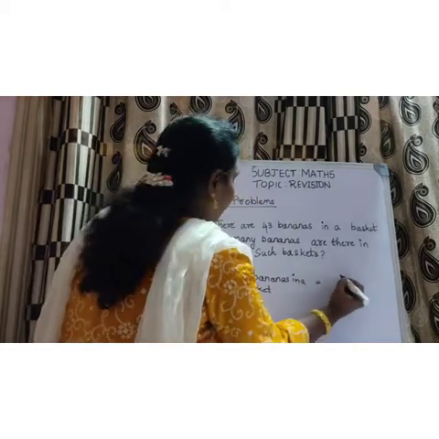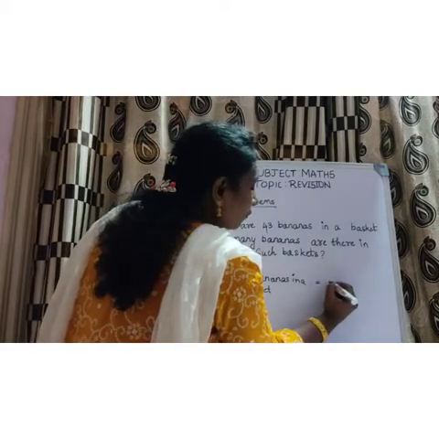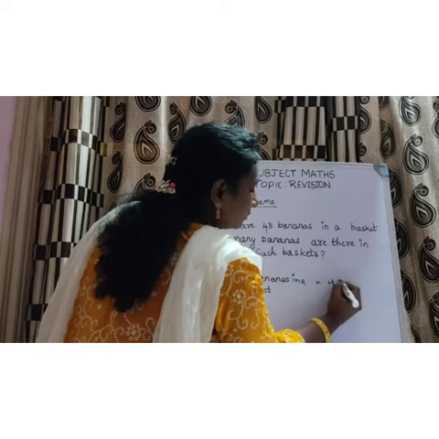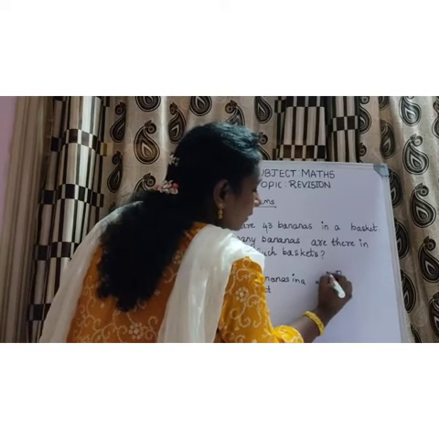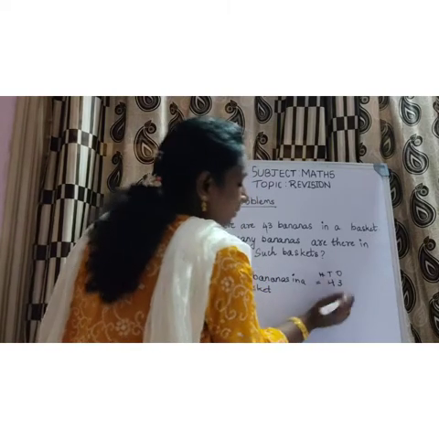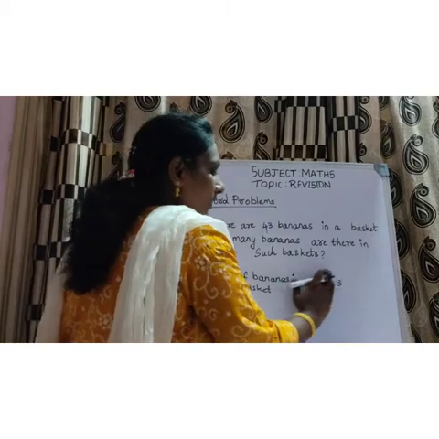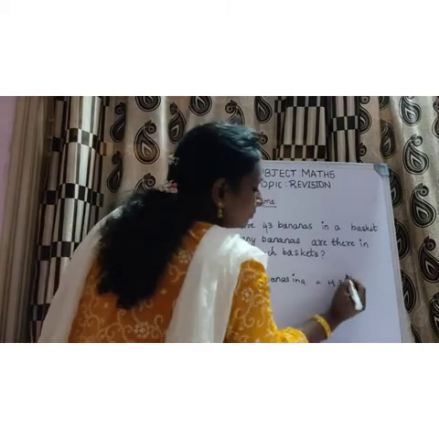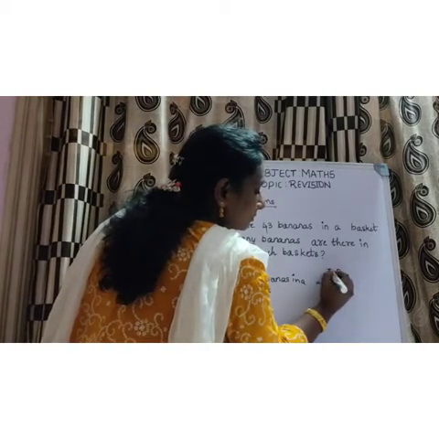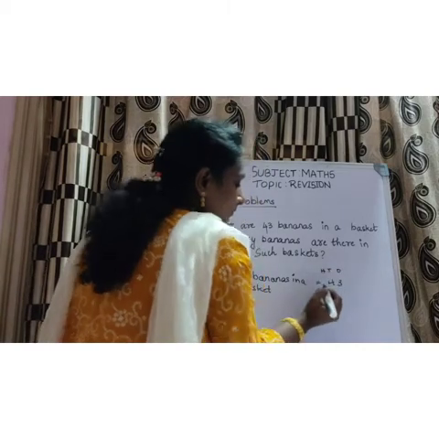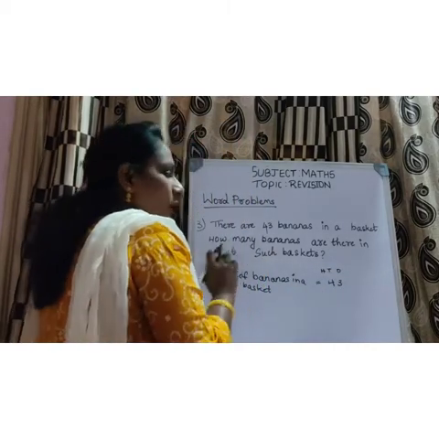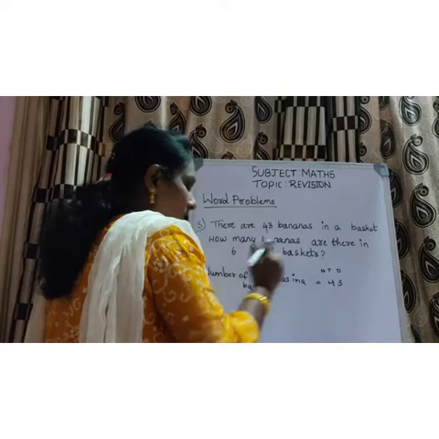There are 43. Okay, there are 43 bananas. On top of that, you write the place value. Okay, so next is how many bananas are there in 6 such baskets.